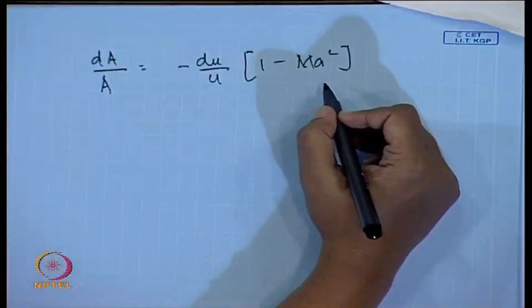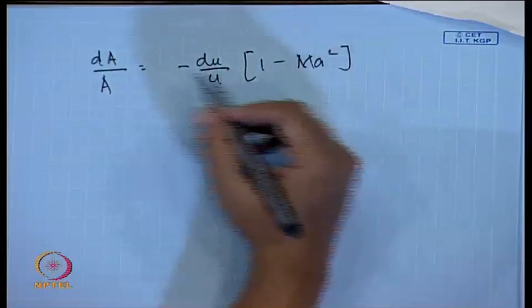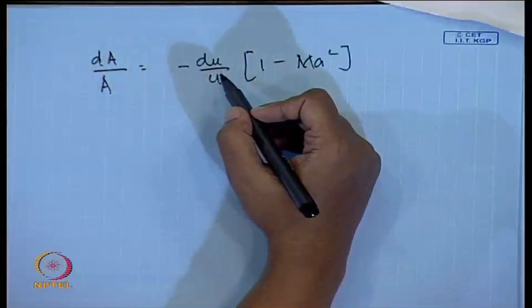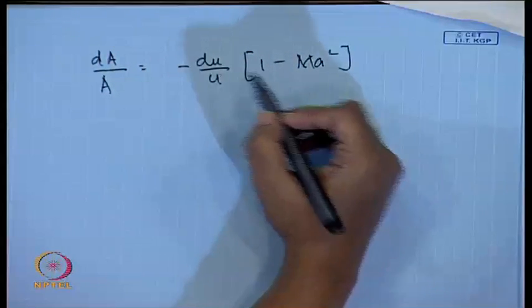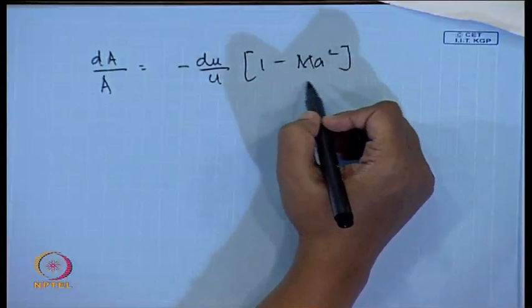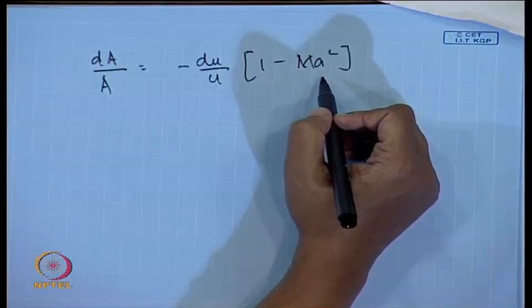So, from this what do I get? I see the area change has an opposite effect on velocity change, depending upon whether Mach number is greater than 1 or less than 1.